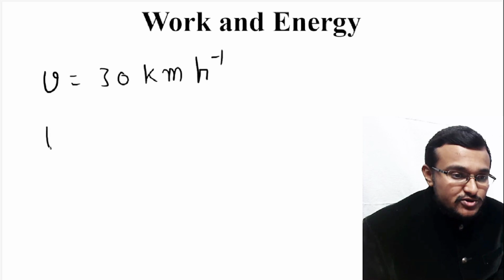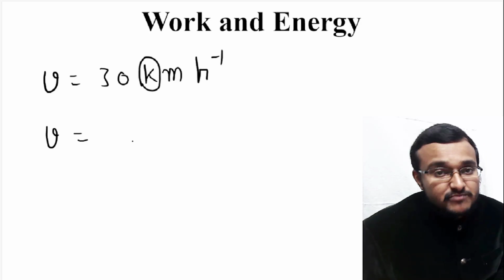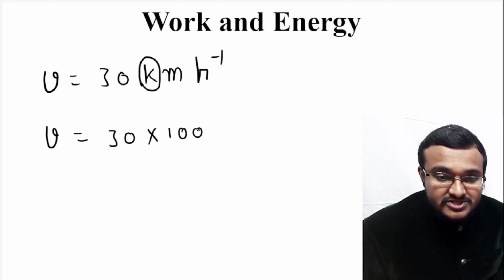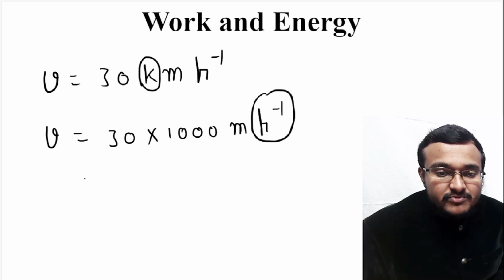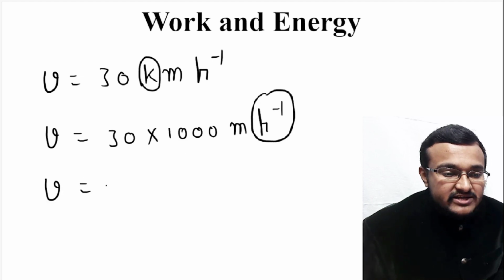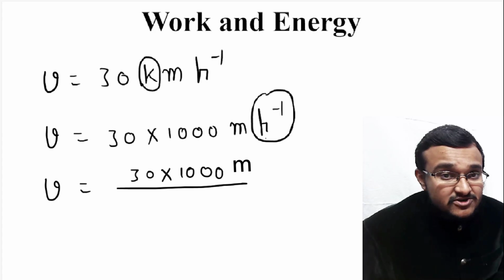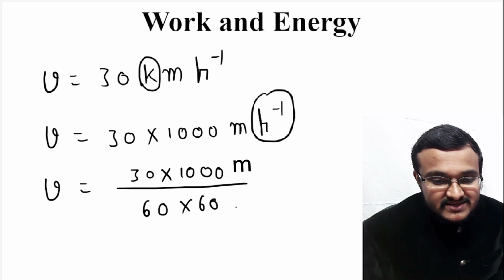In order to do that, you can replace this k with 10 power 3. 10 power 3 is nothing but 1000. So 1000 meter per hour will be there. Now if you want to convert this per hour to per second, you have to divide by 60 into 60, because hour will be in the denominator, you can write 60 into 60 seconds.